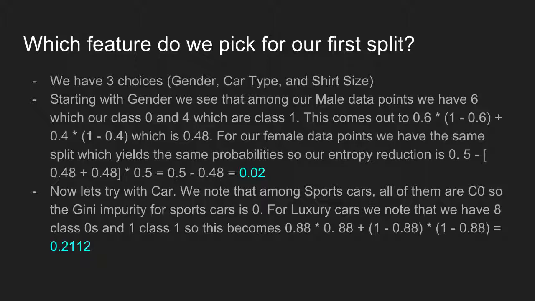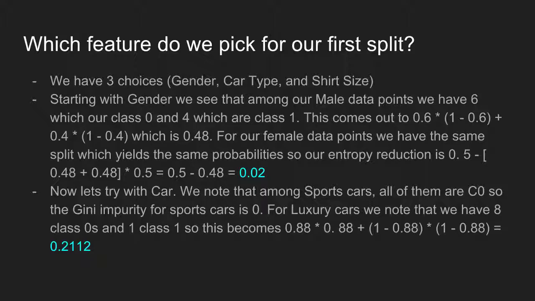So we have 3 different features that we could pick for our first split, right? Gender, car type, and shirt size. The first thing we're going to do is start with the gender feature. Split 1, gender. Among our male data points, we have 6 which are class 0 and 4 which are class 1.